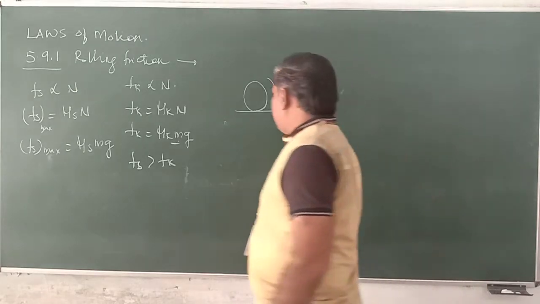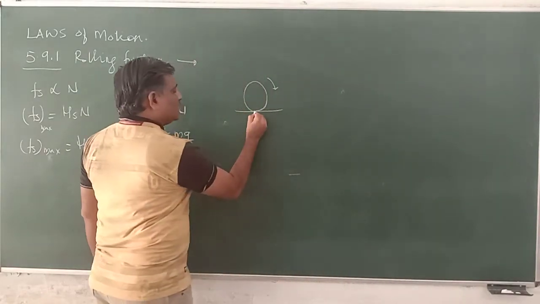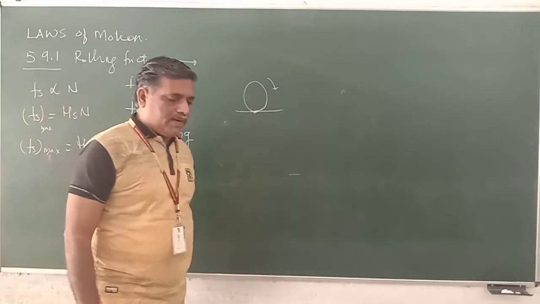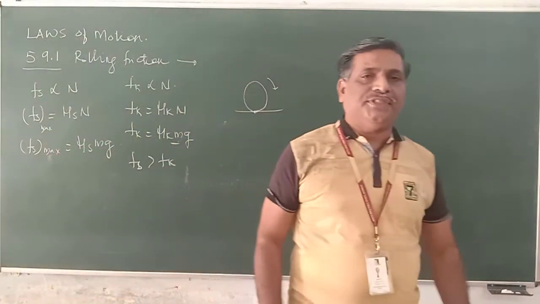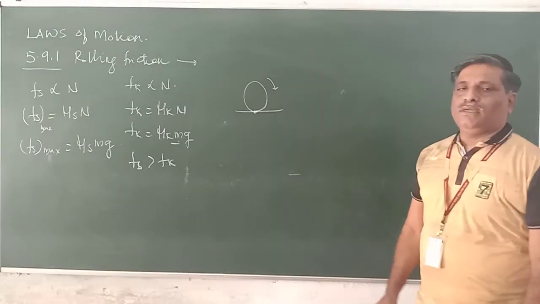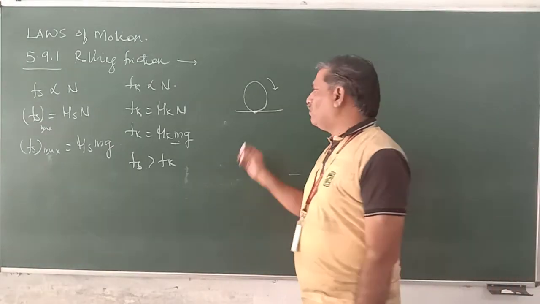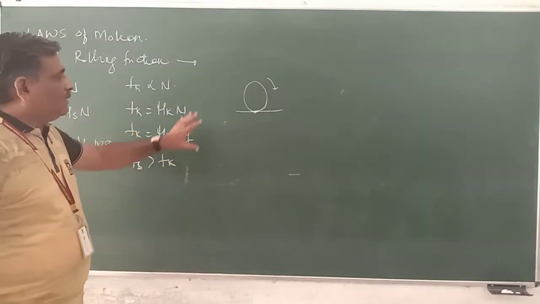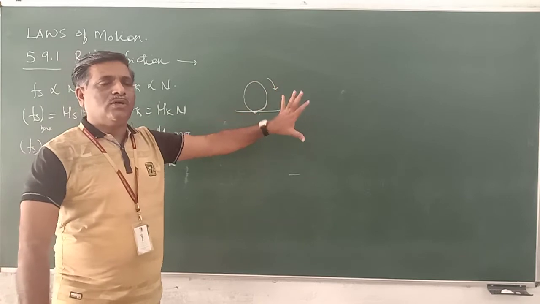One more point: there is only one point of contact between the body and the surface. This point is not in motion relative to the body or the surface, and this is called rolling friction.